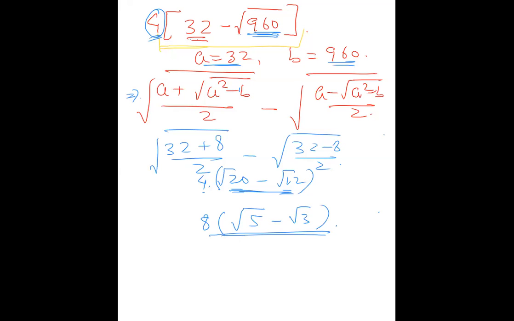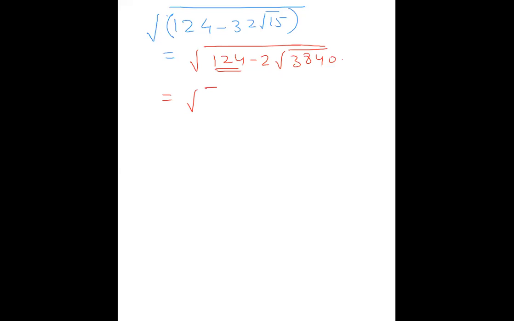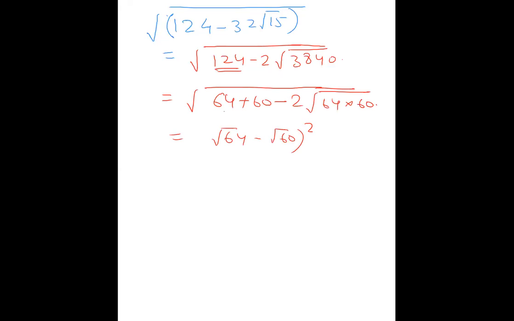Okay, clear everyone? Note down please, note down fast. You can rewrite this as 64 plus 60 minus 2 into under root of 64 into 60, or we can take under root common out, right? So this is coming as under root 64 minus under root 60 the whole square, right?